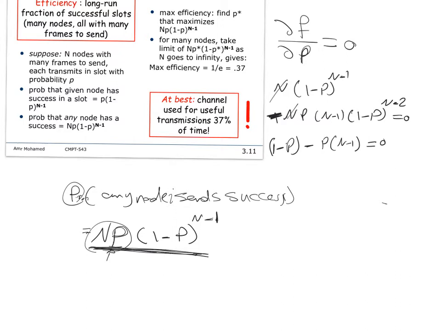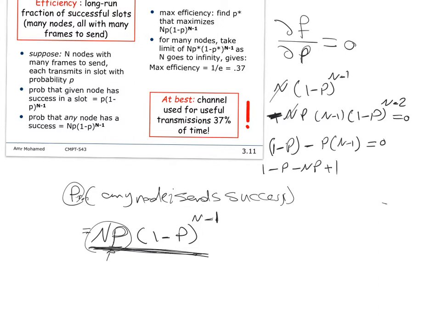All right, so this is 1 minus p minus np plus p. The plus p goes with the other p. We multiplied p by minus 1.